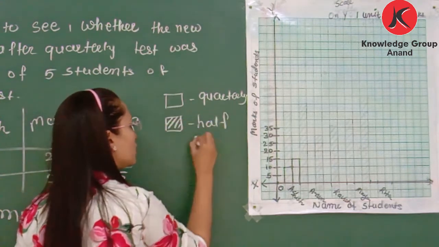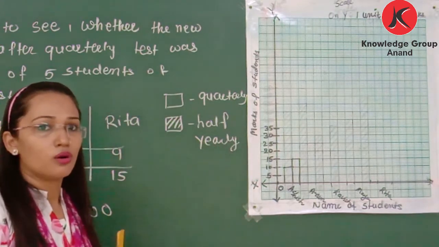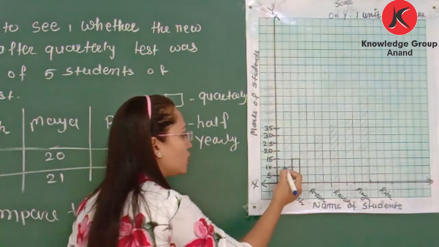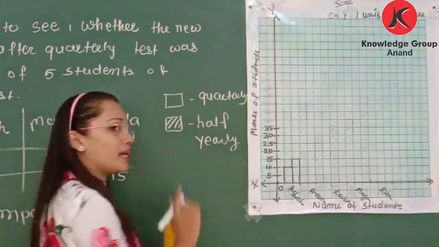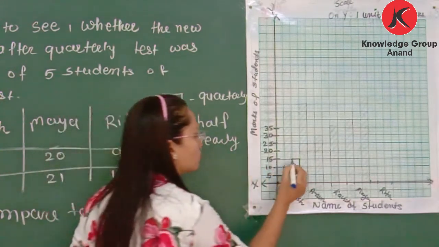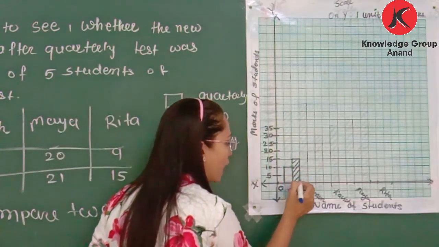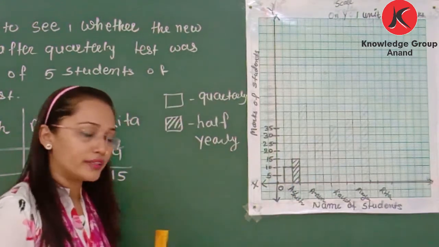So it will be easy to compare the data. Okay, we need to compare the data, means we need to show a different bar for each of quarterly and half yearly. So we represent half yearly as a bar with lines. So this is the half yearly marks of Ashish and this is the quarterly marks.